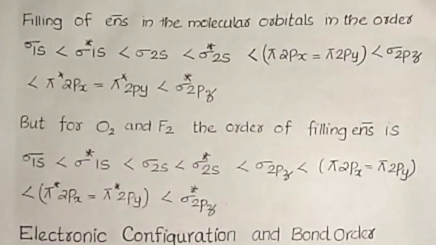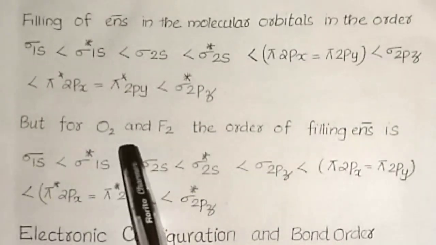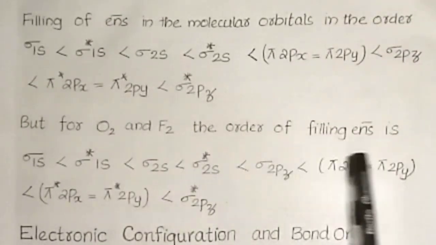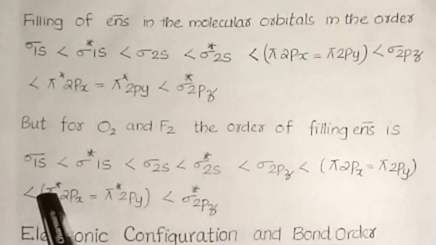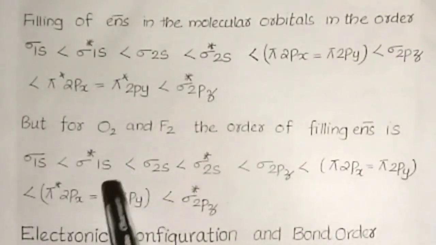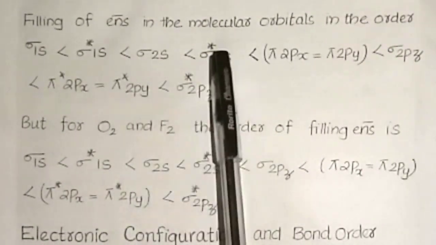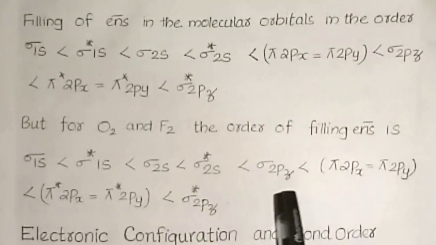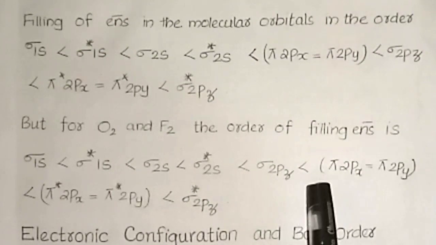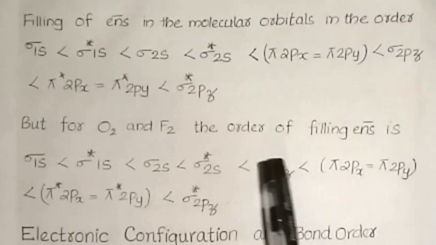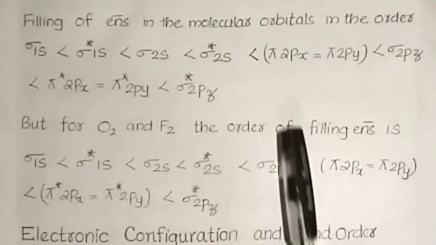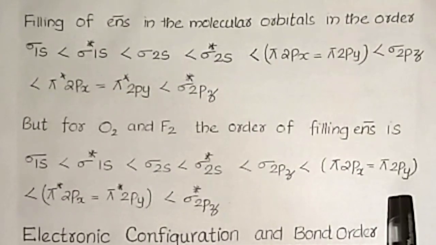We can fill the electrons in these molecular orbitals. But one exception is there. For oxygen and fluorine molecules, the order of filling of electrons is sigma 1s, sigma star 1s, sigma 2s, sigma star 2s. Then sigma 2pz has slightly lower energy in the case of oxygen and fluorine compared to pi 2px equals pi 2py.